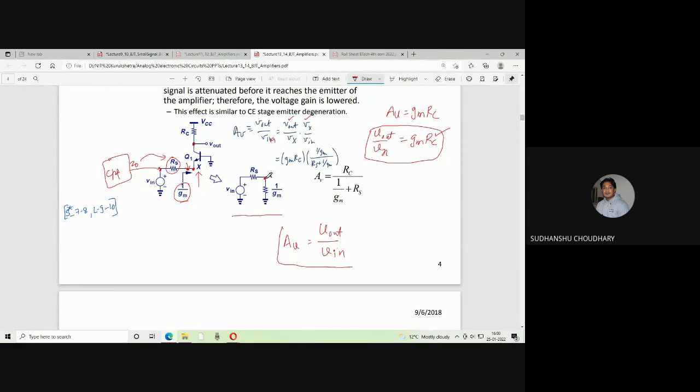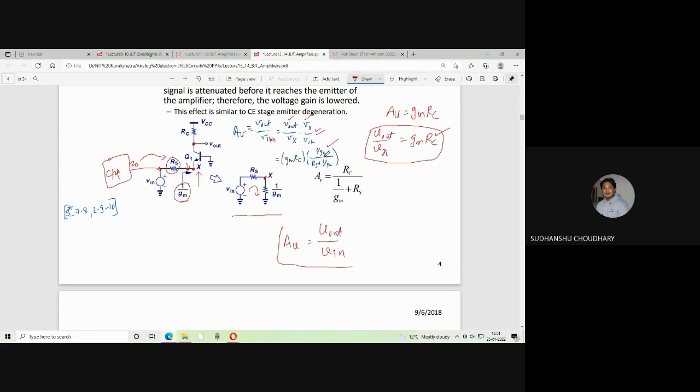Vx by Vin is 1/gm over Rs plus 1/gm. If you see the current I flowing into this, one can apply KCL and then find out the Vx by Vin ratio.